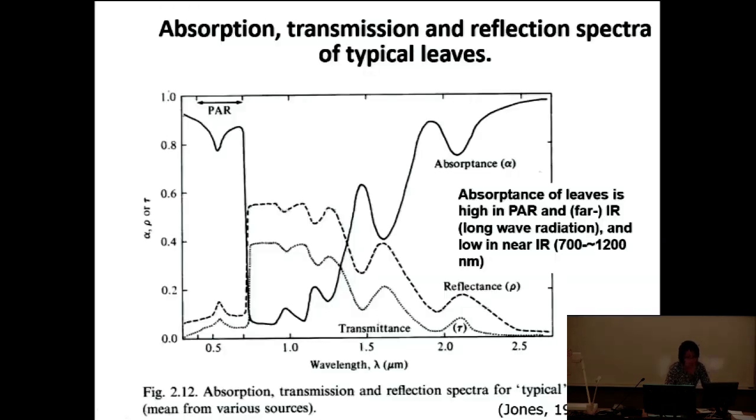All right. So this is what I have as a whole range of solar radiation. So the 300 to 400 nanometers is actually UV, right? It has a relatively high absorptance.